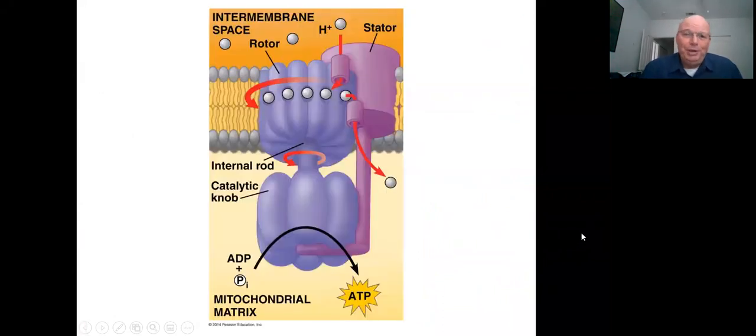So the final piece of the puzzle is, what do we do with those hydrogen ions? Well, they come back through a carrier protein complex that's connected to an enzyme complex that actually makes the ATP. So as the hydrogen ions come back through the carrier protein, let me label this carrier protein complex.